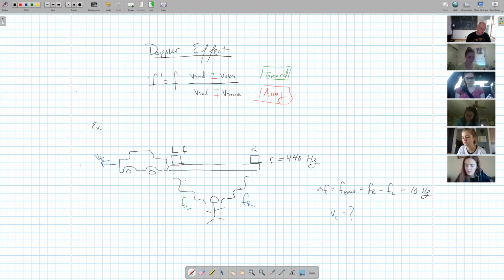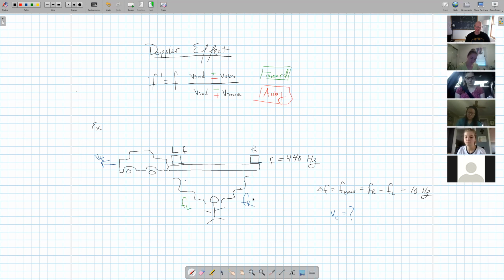Let's say the truck here is moving to the left, and then there's a person standing here midway between the 2, who is then going to experience a beat frequency. And the reason that they're going to experience this beat frequency is because, since the right speaker is now moving toward the observer, this is going to be shifted upwards.